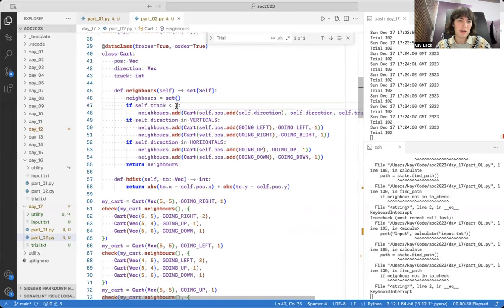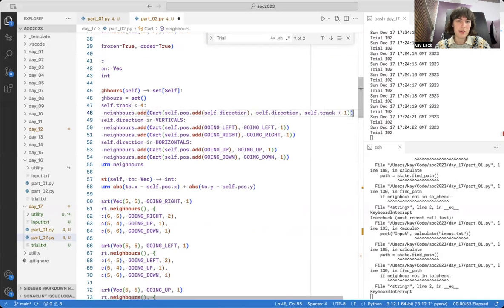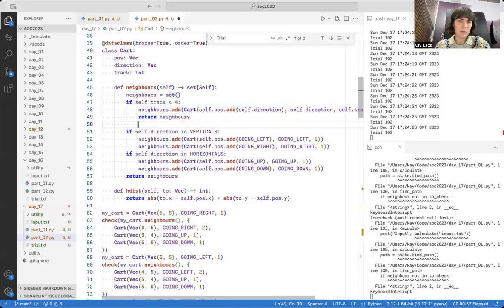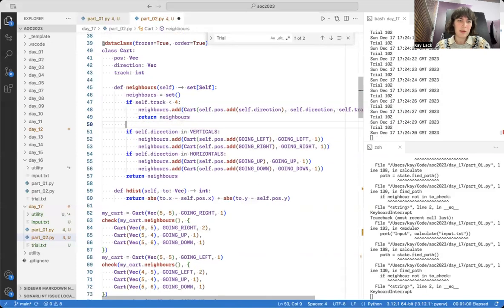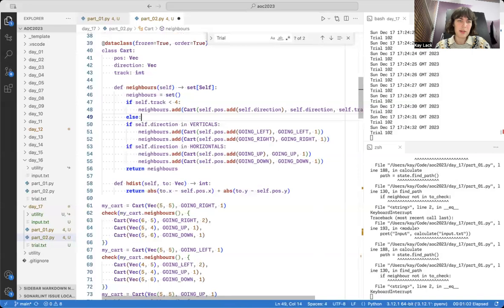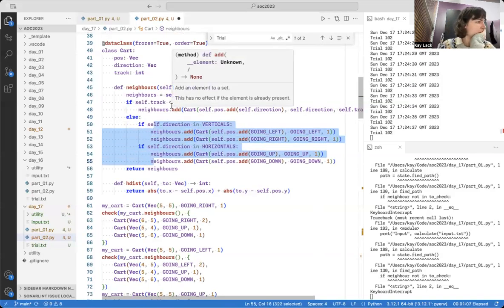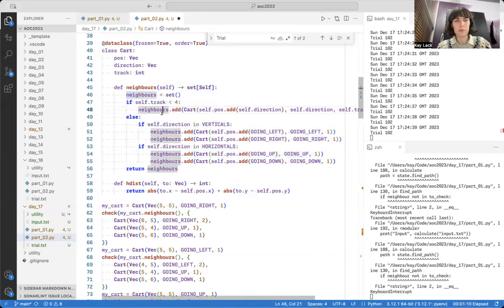So if it's under 4, it can only move in this direction. Otherwise, it can move these directions.